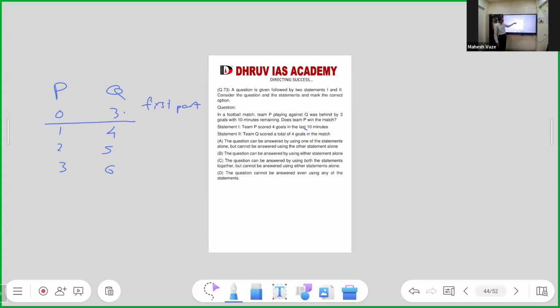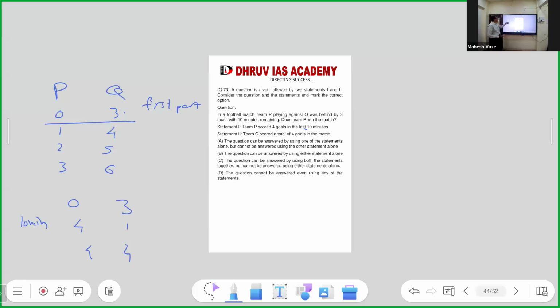Now team P scored 4 goals in the last 10 minutes. See, this was the earlier case. In the last 10 minutes, P scored 4 goals and Q scored 1 goal in total here, so 4 and 4. So it is a draw.